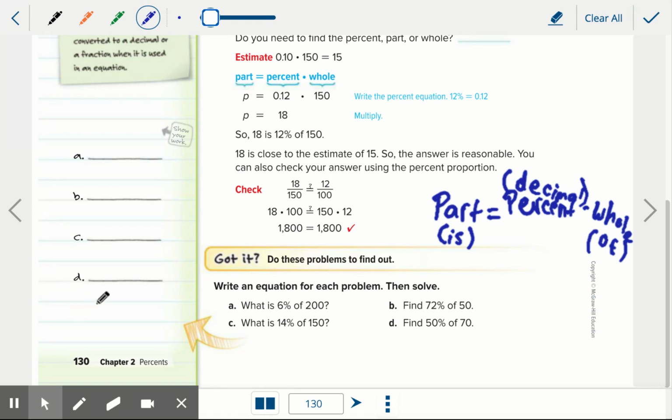So we write the part is equal to 0.06 times 200. And that's it. If I'm looking for the part, then I just solve this piece, 0.06 times 200. And when I get an answer, I get an answer of 12.